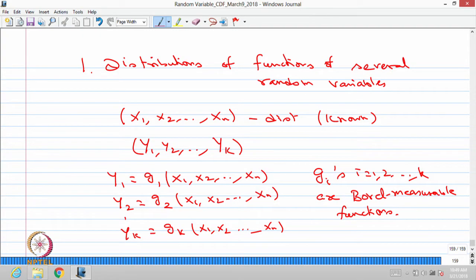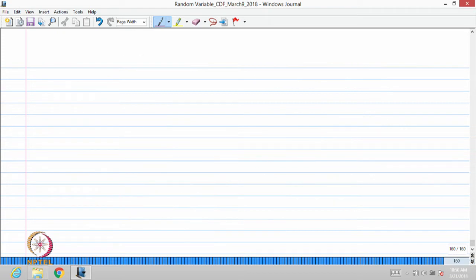Therefore, when xi's are known with the distribution and gi's are Borel measurable functions, then yi's are going to be random variables. Therefore, y1, y2, yk is the k-dimensional random variable. The question is how to find the distribution of yi's. That I am going to give as the result.